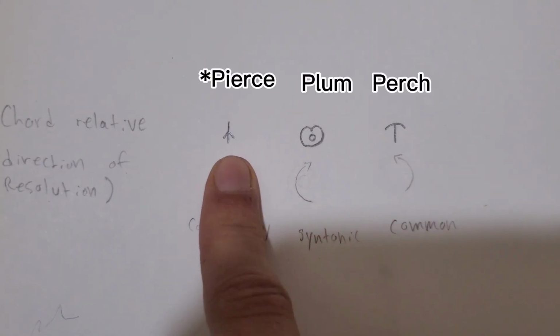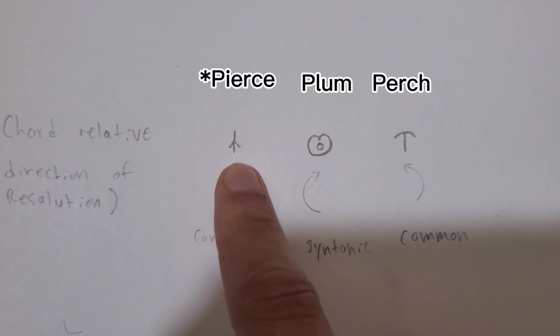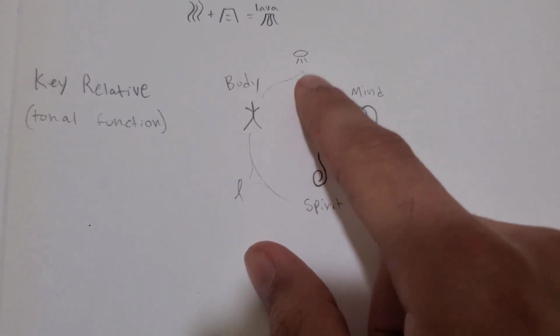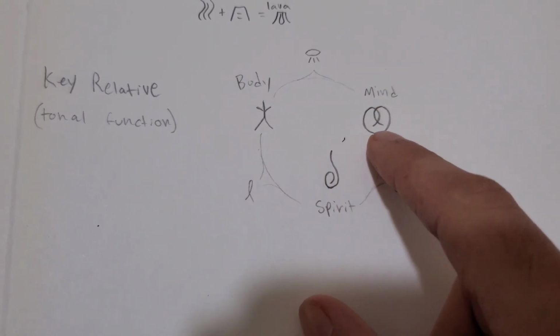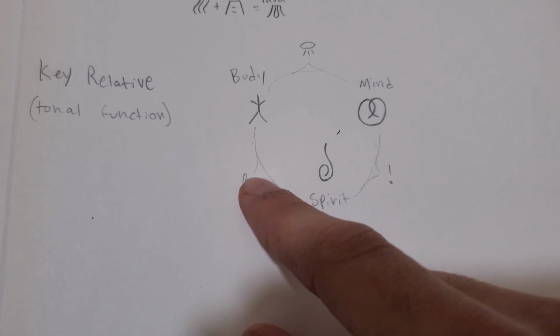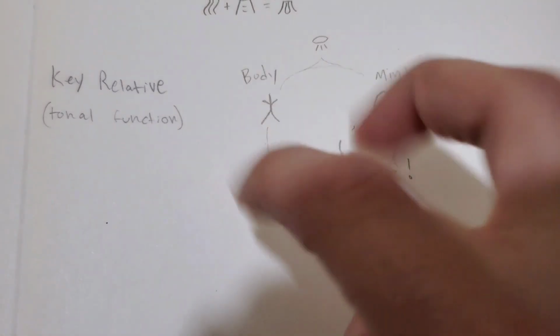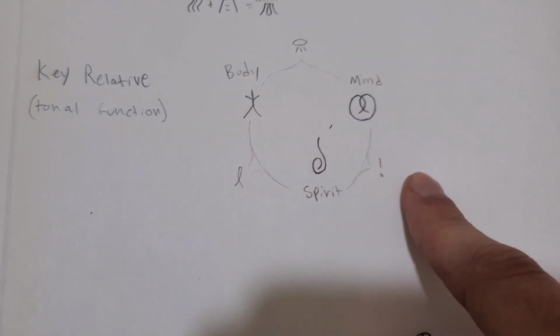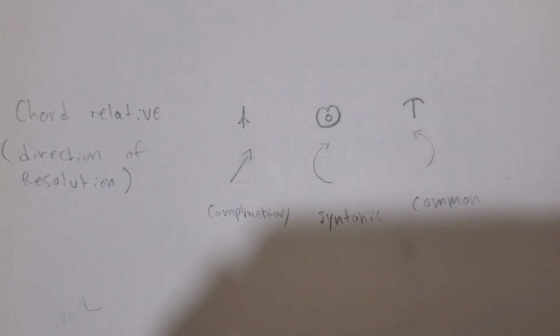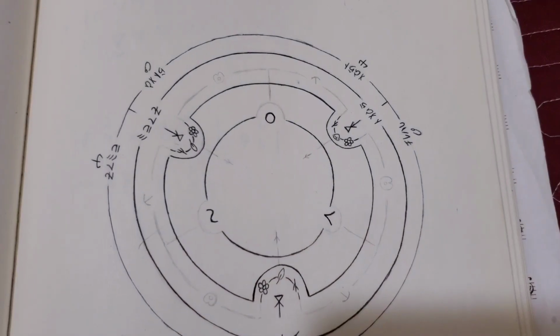This represents what I call perch, which is where if you have this wheel, it would be a cross. So spirit to here, what would be tonic? Mind moving here in an across motion to dominant, and then here to subdominant. You know what Tom calls complementary. Let's take a look at my wheel again.